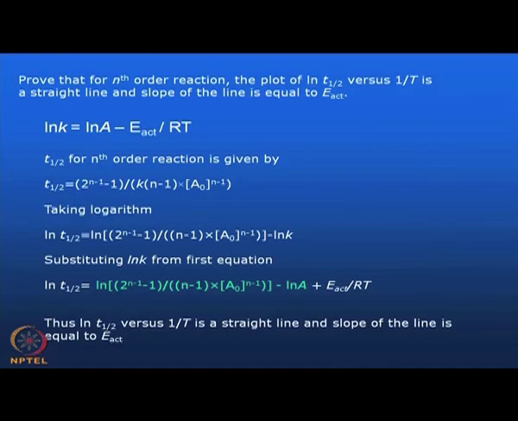Next, another problem: prove that for an nth order reaction, the plot of T half versus 1 upon T is a straight line and the slope of the line is equal to activation energy.